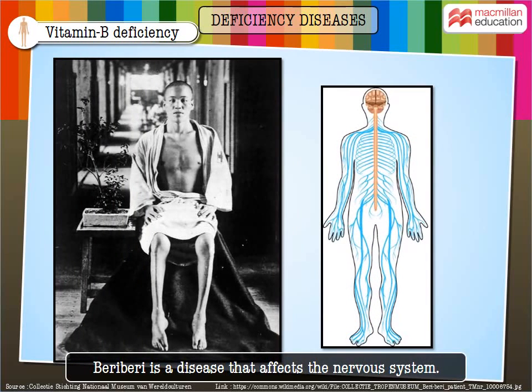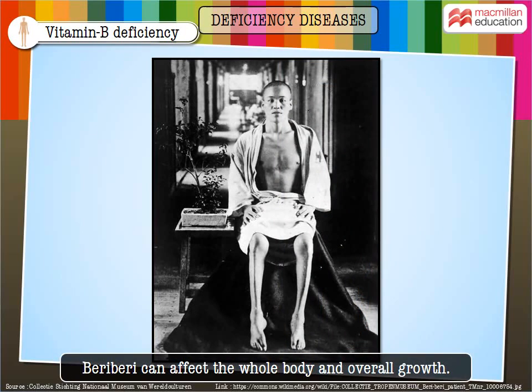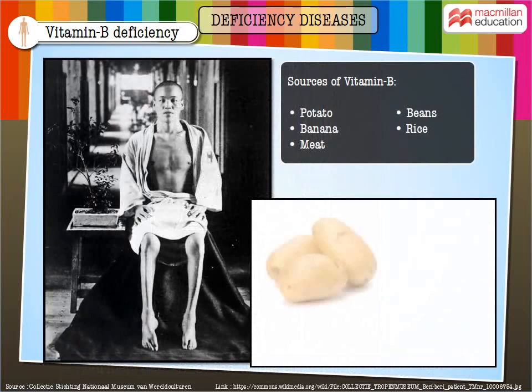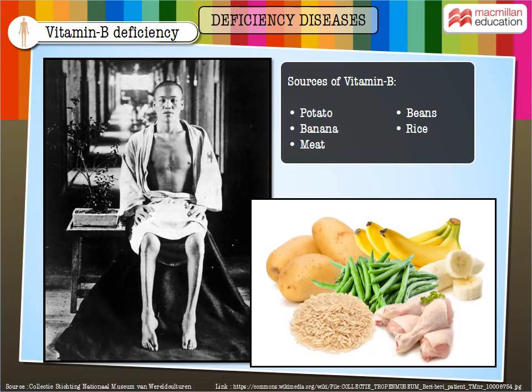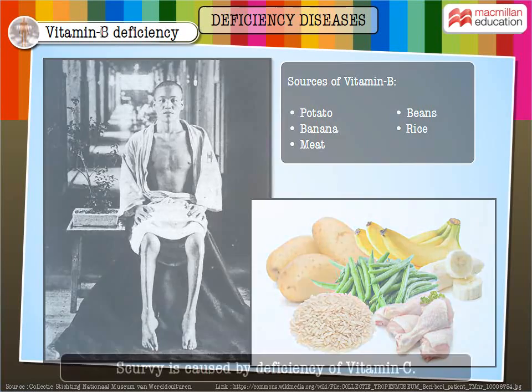Beriberi is a disease that affects the nervous system. It can affect the whole body and overall growth. Potatoes, beans, banana, unpolished rice, and meat are good sources of vitamin B.